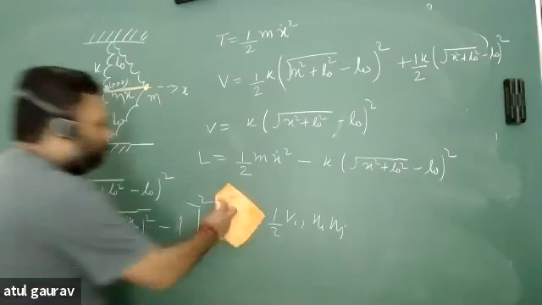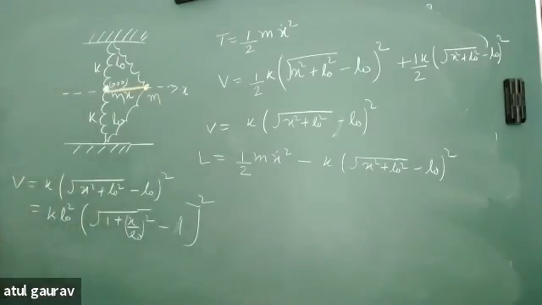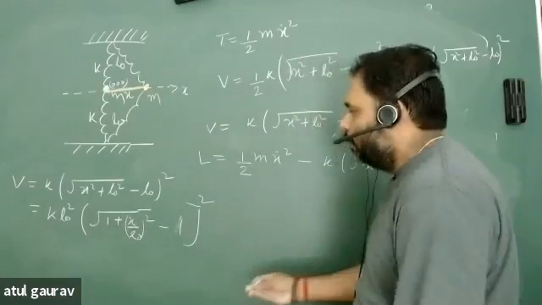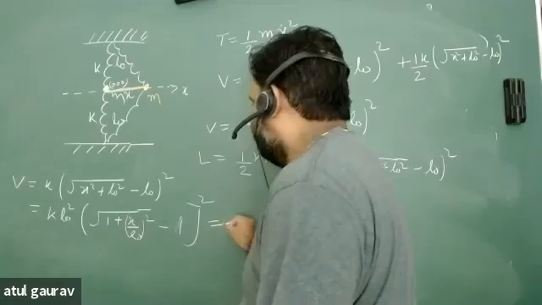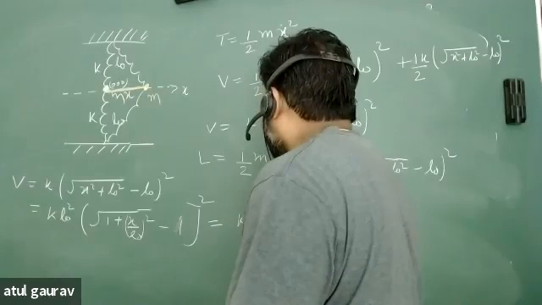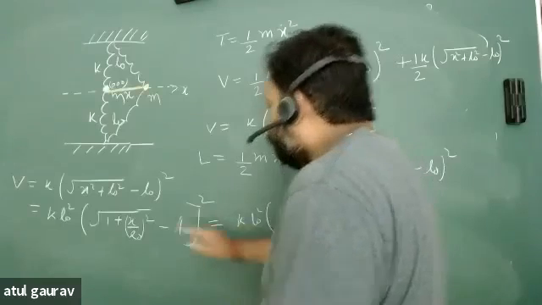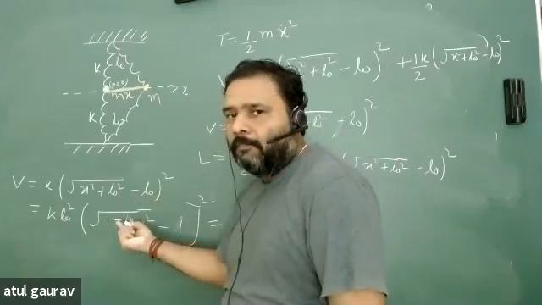So the best tool is given by Taylor, the great Taylor who makes our life so simple. So what will be this particular thing? This is K L naught square, and this will be 1 plus, and you have to go just for the harmonic term.